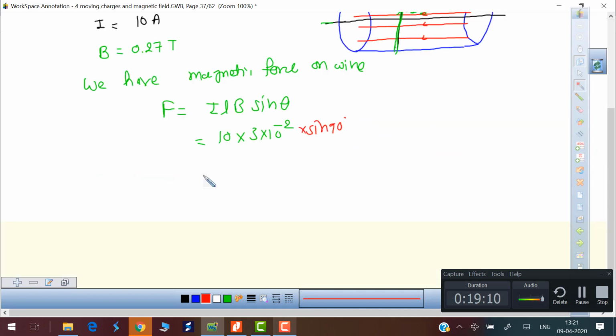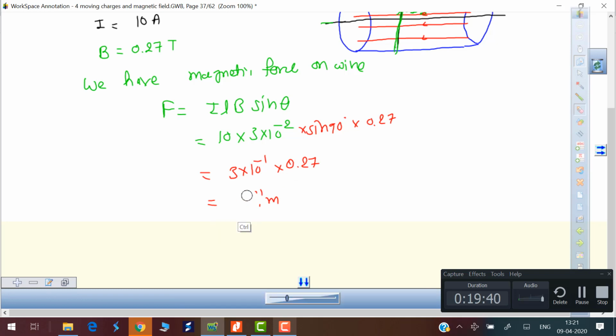Okay, so this becomes 3 into 10 raised to minus 1, or you can say 30 Newton per meter. Oh, I'm sorry, B is still there. I forgot to write this. Multiply by 0.27. Okay, so 27 3s are 81, 0.81.